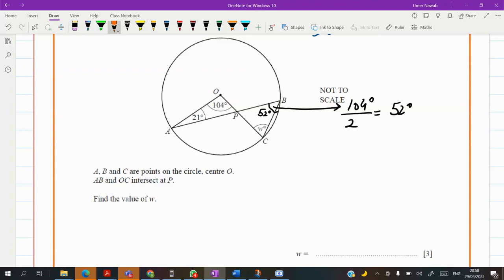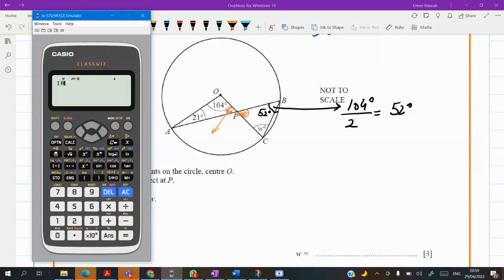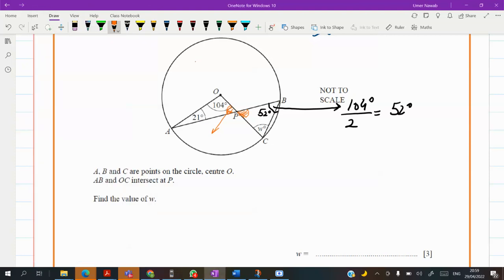To find W, guys, can I find this angle quickly? Because this angle is the same as this. They are vertically opposite angles. This angle I can find: 180 minus the sum of 21 and 104 gives you 55. So this angle is 55.